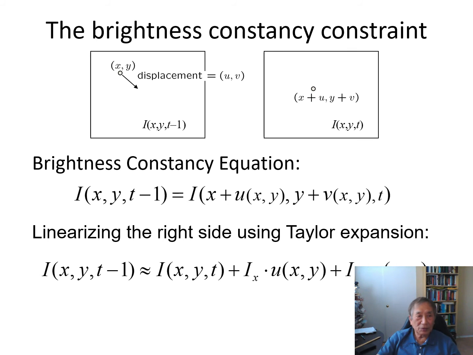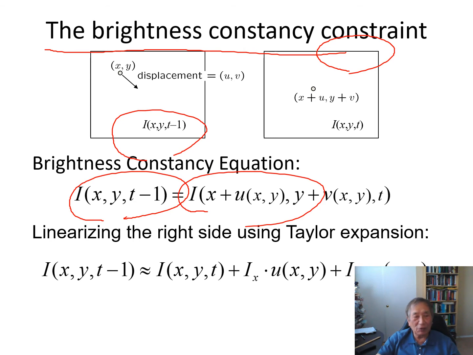Okay, so the brightness constancy constraint. We want our brightness to stay the same.